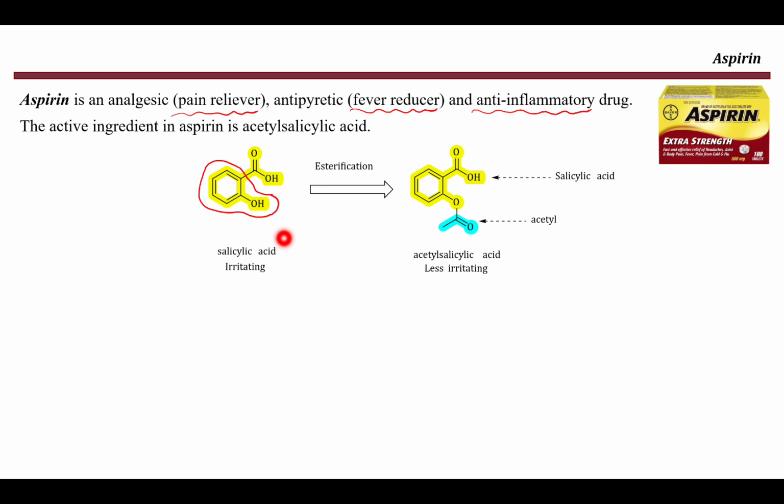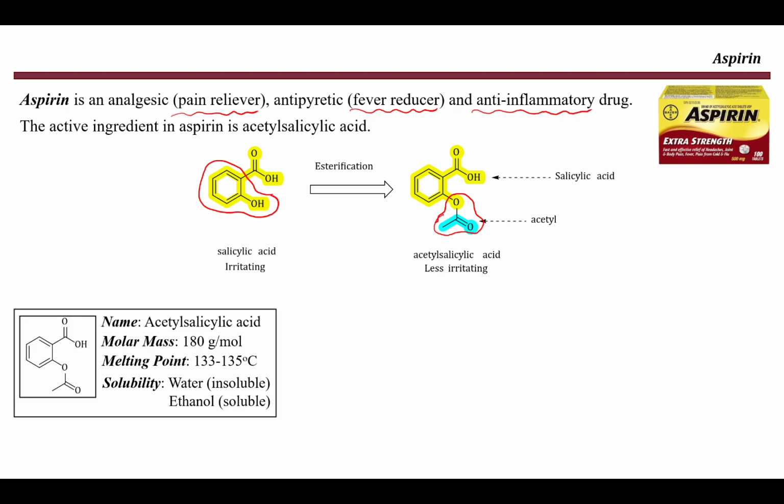So the manufacturing company did an esterification reaction and added this acetyl group to form acetyl salicylic acid, which is known to have a less irritating effect to the stomach. So currently aspirin contains acetyl salicylic acid as the active ingredient.